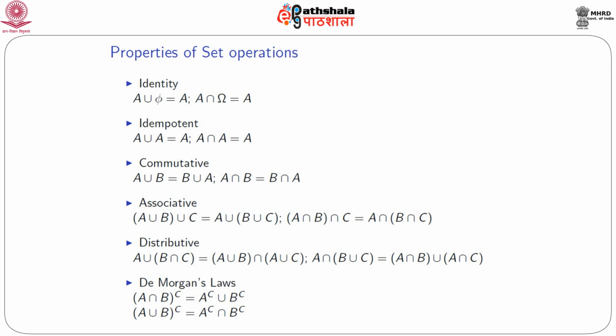The essential message is that if you take the complement of a union or intersection, union will be replaced by intersection and intersection will be replaced by union, whereas the individual sets will be replaced by their complements. Though I have taken only two sets A and B, this can be extended to any number of sets. It is a very powerful law that will help us in subsequent lectures.